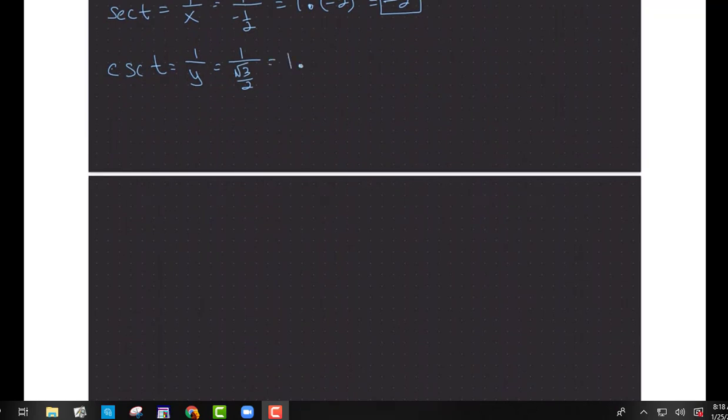The reciprocal of square root of 3 over 2 is 2 over the square root of 3. But we can't leave square root of 3 in the denominator. So we're going to multiply top and bottom by the square root of 3. So you get 2 times the square root of 3. Square root of 3 times square root of 3 is the square root of 9, which is? 3. Good job, 3. Okay.